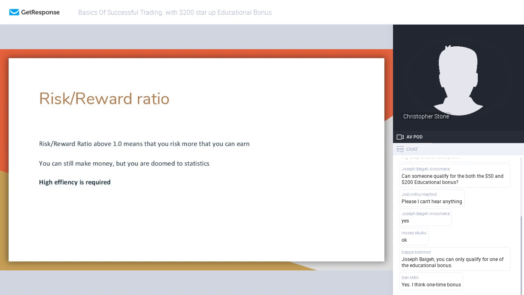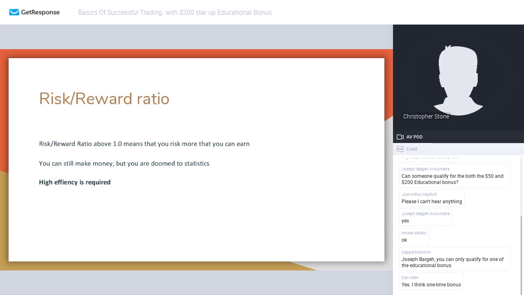We can make money by this kind of trading, but we have to remember that we are doomed to statistics, because we really are the prisoners of the statistics. In this particular strategy, when we are risking more than we earn, high efficiency is required.